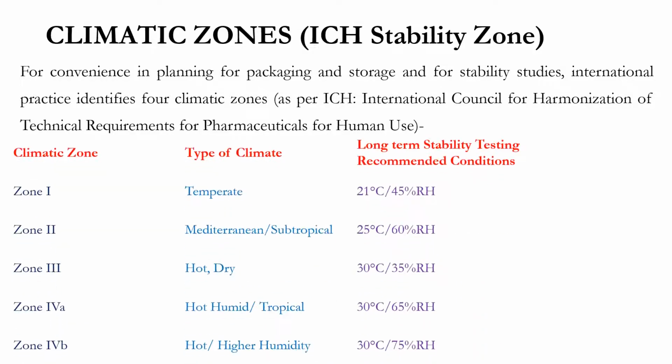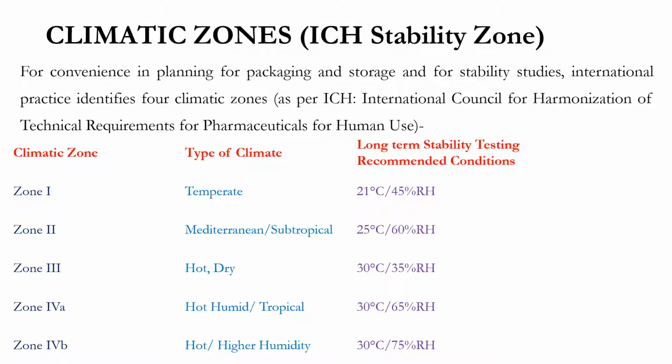So here you can see these are the temperature conditions. In case of zone 1, temperate, it is 21 degrees Celsius, 45% relative humidity. These are the conditions recommended by ICH for long-term stability testing. For zone 2, Mediterranean subtropical, why are these required? Because when we transport our drug to those areas, we have to fix the shelf life on these bases.